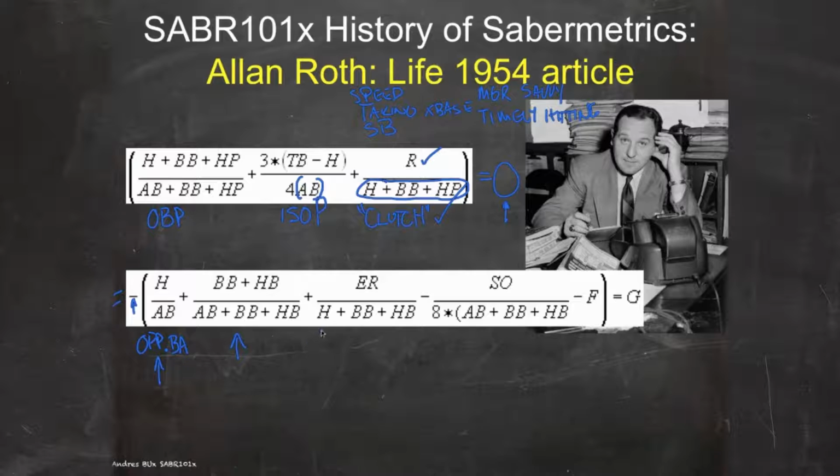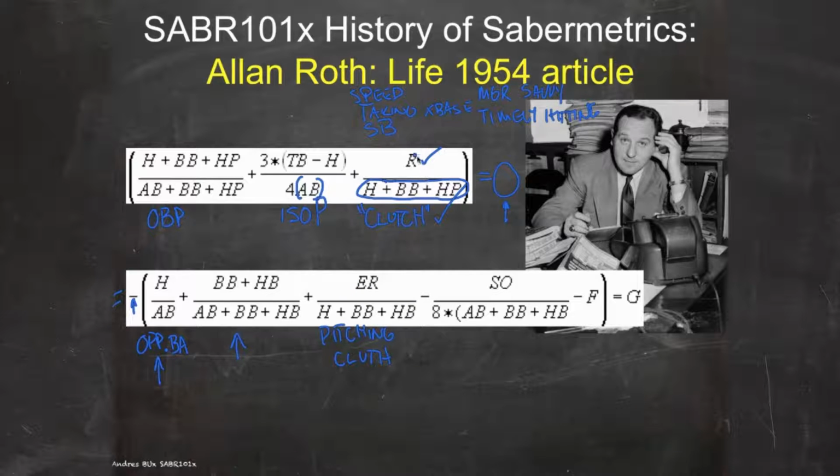This third one here is called pitching clutch. And similar to the hitting clutch up here, this one here, this is earned runs. The earned runs allowed by the defense divided by hits plus walks plus hits by pitches.